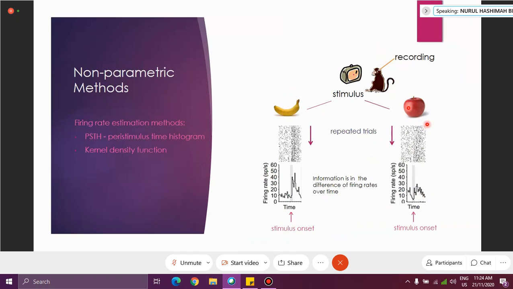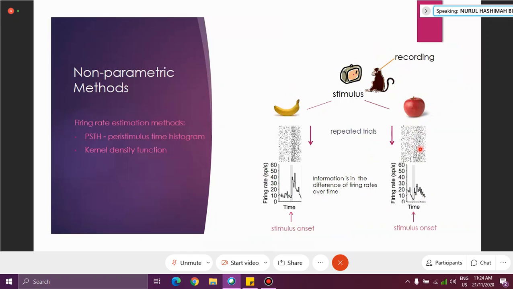Okay, but it has to be repeated trials. You cannot take this one time only. The apple has to appear a few times, in rotation with other pictures, so that we can get a precise pattern for the sensory response to this apple.